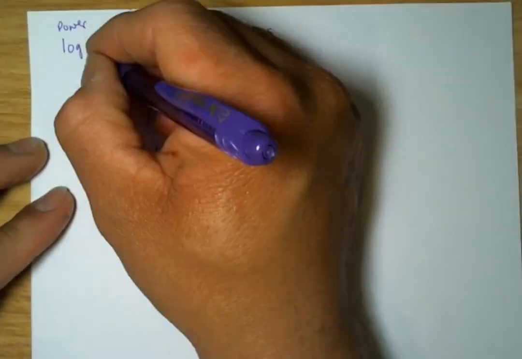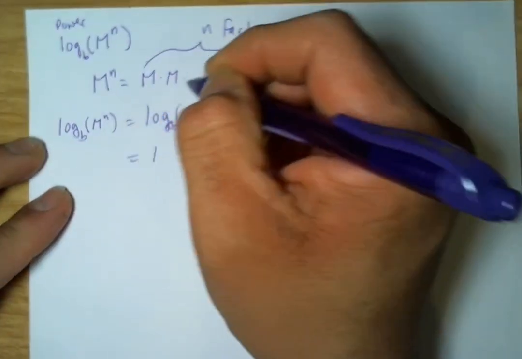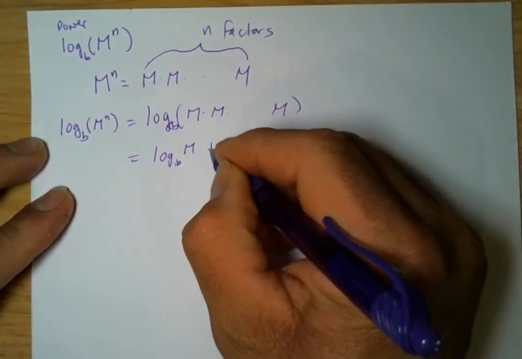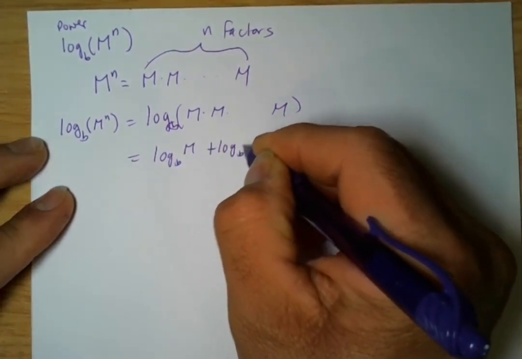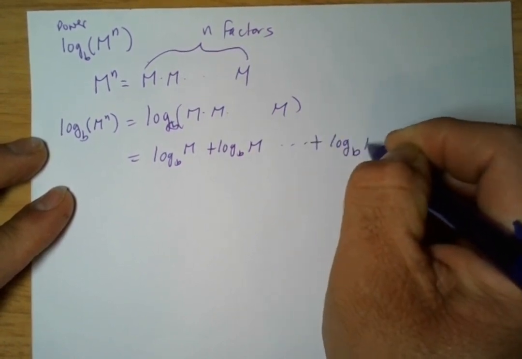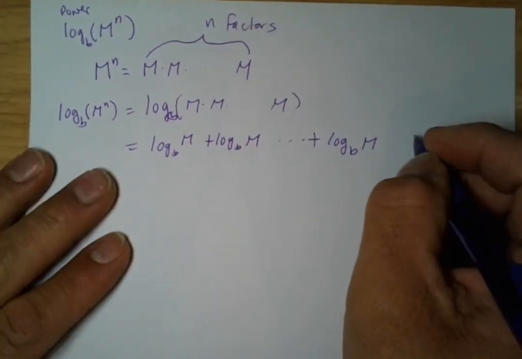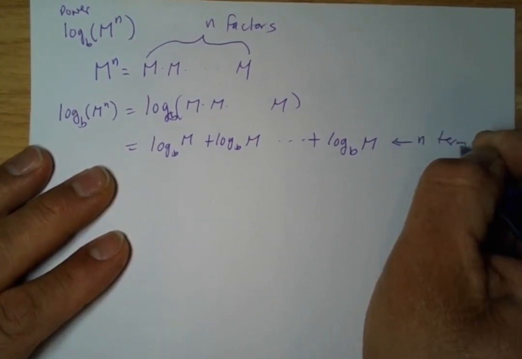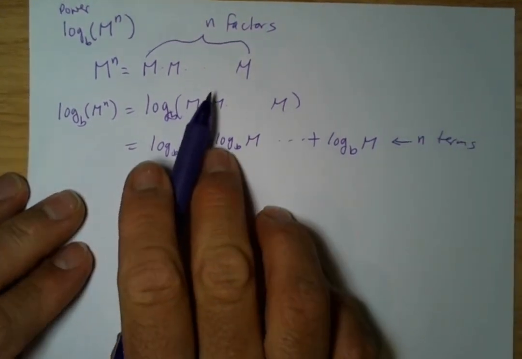And here, to make it general, log base b, so it could be log base b of m plus log base b of m, etc. All right, log base b of m, right? And here we have n terms, right? I can do that n times because that's how many factors we have.